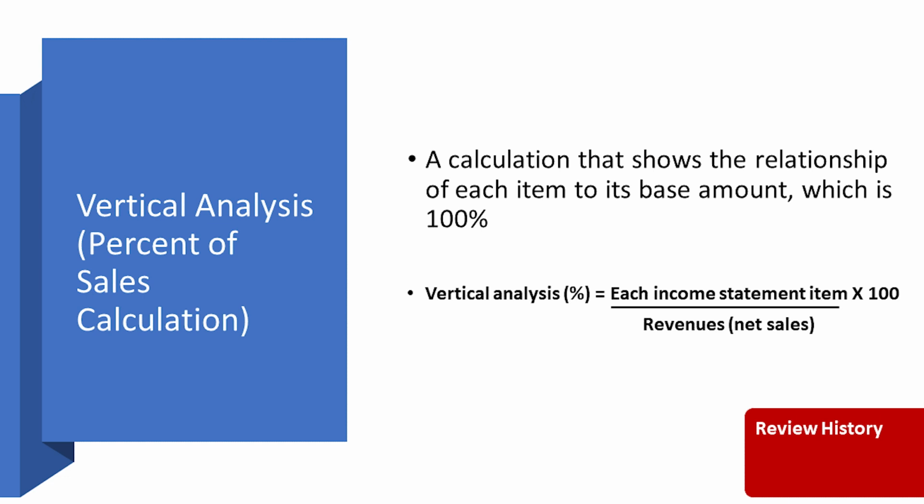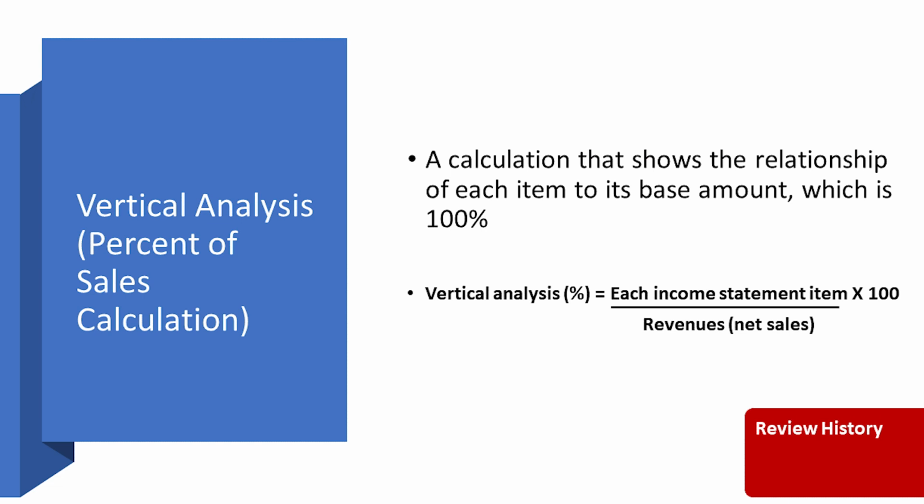To put it in terms of a business, I want to know, when I look at my expenses, how large are they as they compare to my revenue? So if I look at my labor expense and I'm asking myself, this number is $10,000. How much of this is equivalent to my revenue?